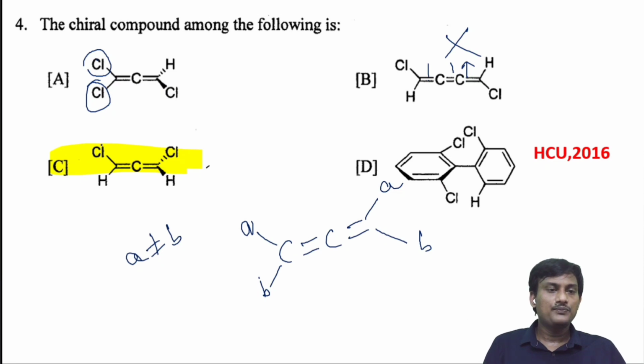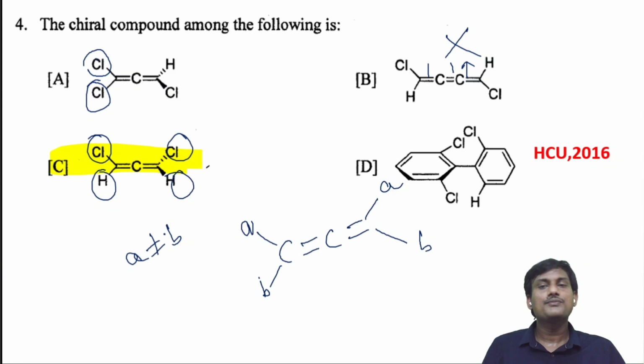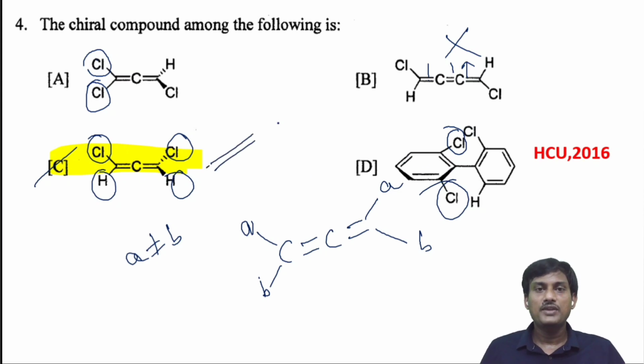If you take these two, it's an allene, and these two groups are different, so this is optically active. In this case, biphenyls can also exhibit chirality due to having a chiral axis, but in this case you have two same groups. So here there is a plane of symmetry, so it's not a chiral molecule. So which one is optically active? This one is optically active.